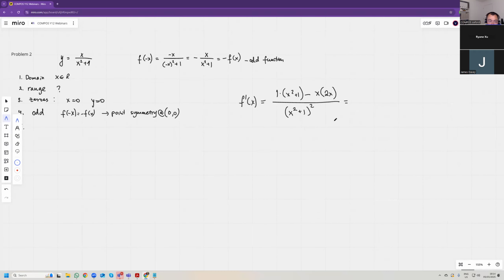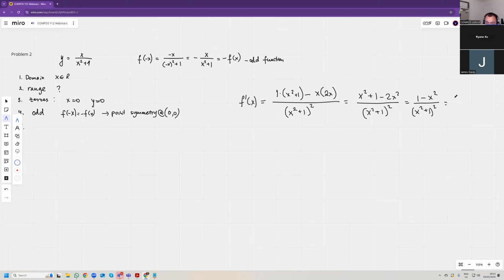We get x squared plus 1 minus 2x squared over x squared plus 1 squared, which equals 1 minus x squared over x squared plus 1 squared.